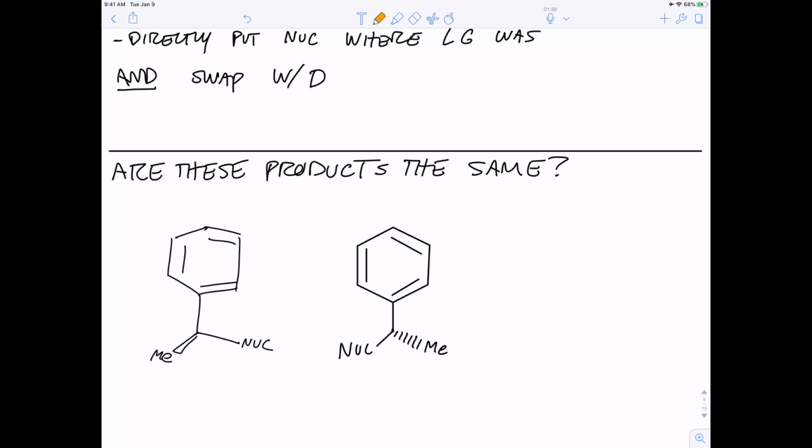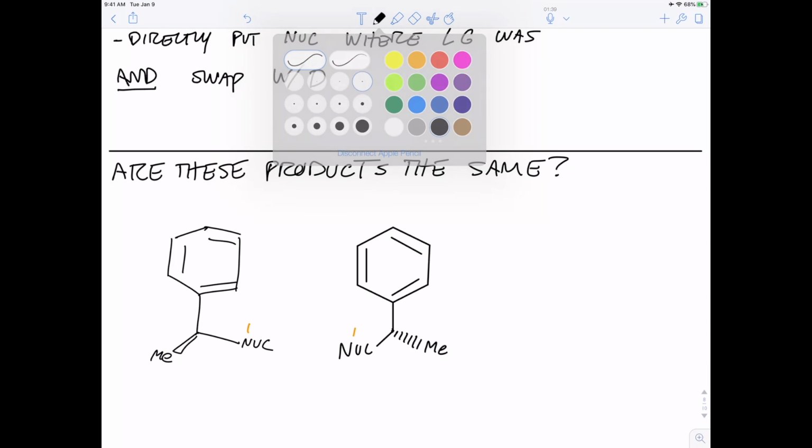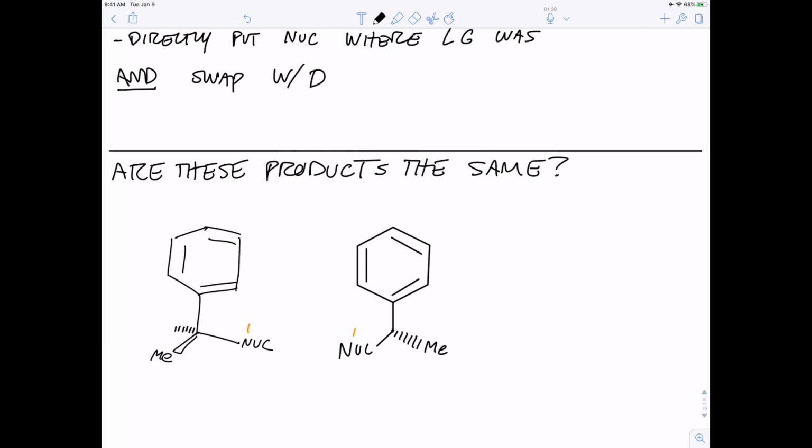We don't know what it is, but let's just say that it's priority number 1 in both cases. I'm going to assign both priorities at the same time, and then we'll think about R and S. So then we have a phenyl group, a methyl group, and don't forget the other thing here that's important is that last hydrogen. It's still there. We need to think about it. So that is definitely going to be our number 4 priority thing here.